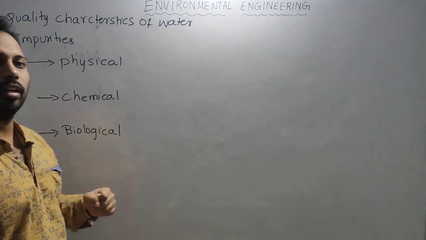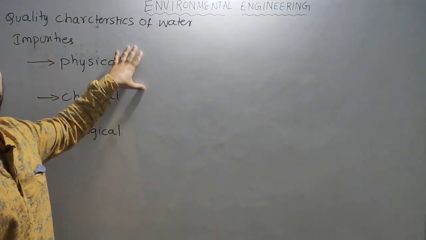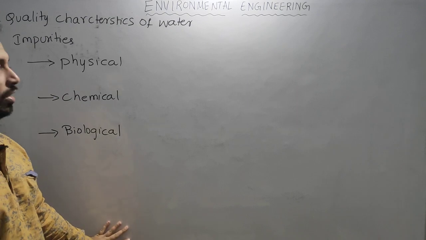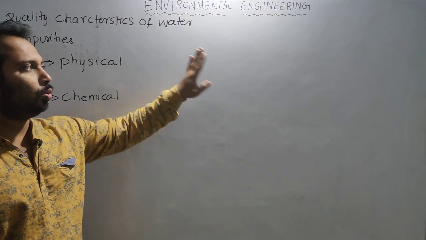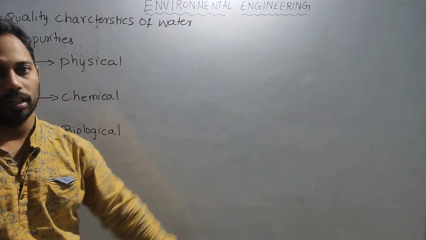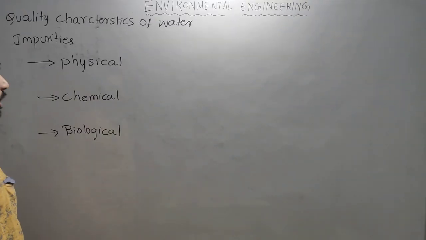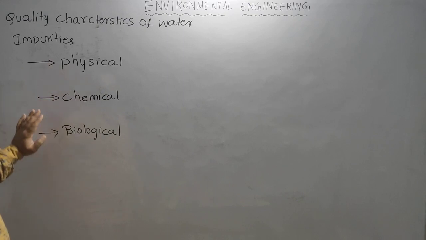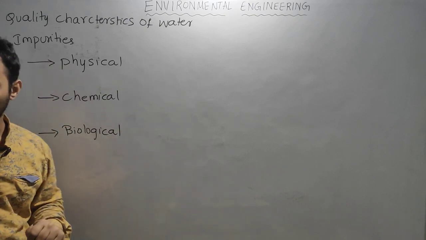So first we need to do preliminary checks of the water quality, and then we will do the suitable treatments, and after that we will send the water to the community. That is why we do physical, chemical and biological tests on the water.